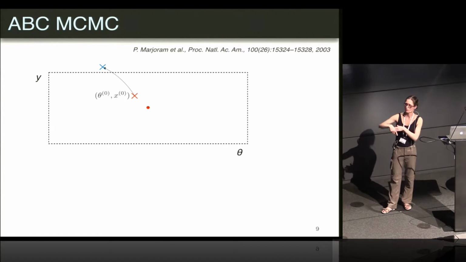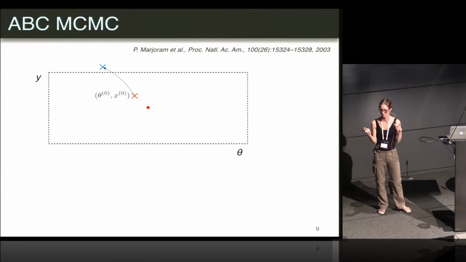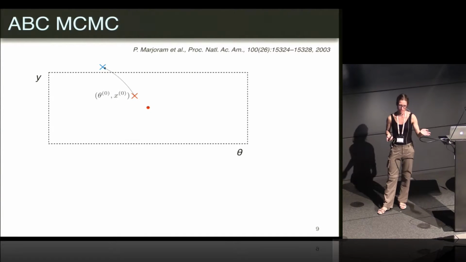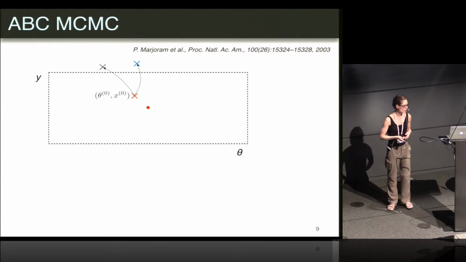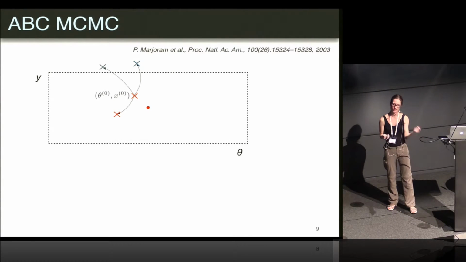First try, we jump out of the region which is obtained by the current tolerance level, so we reject the point and come back to the previous one. From the previous one, we jump again and reject again. Then we jump and we are within the region, so we accept the point, and from the accepted point we keep jumping. It slowly builds up a chain.